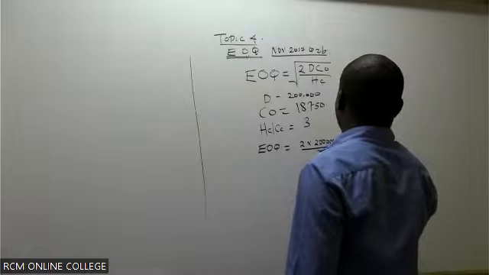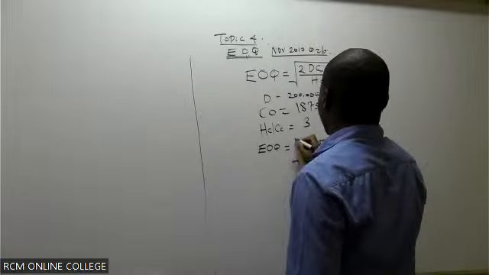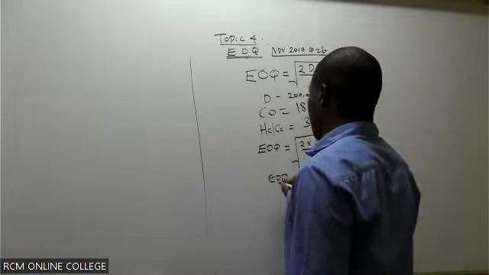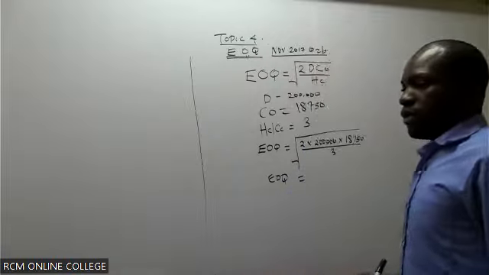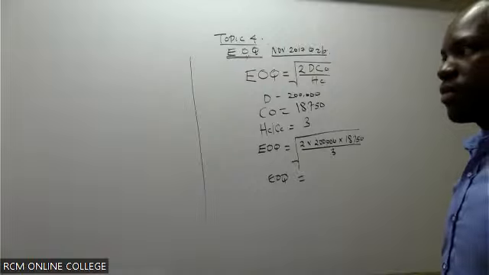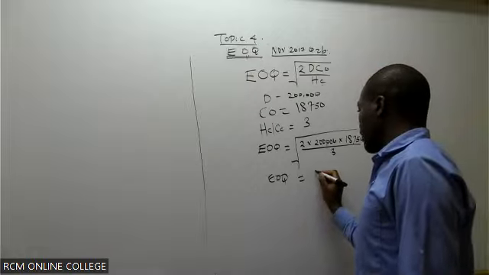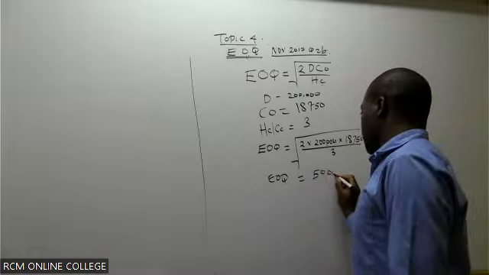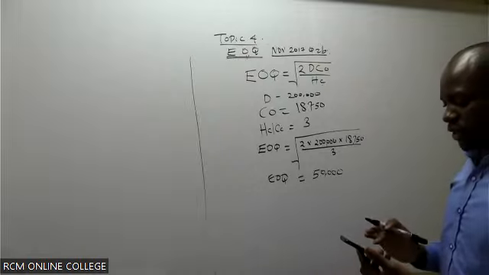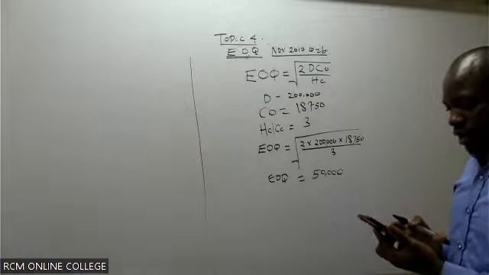The whole of that you divide by holding cost, then you get the square root of your result. So what is our economic order quantity? Our economic order quantity is equivalent to 50,000. Good. Just as simple as such, and you have your 2 marks.